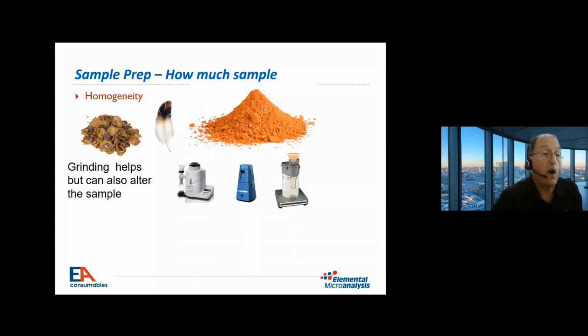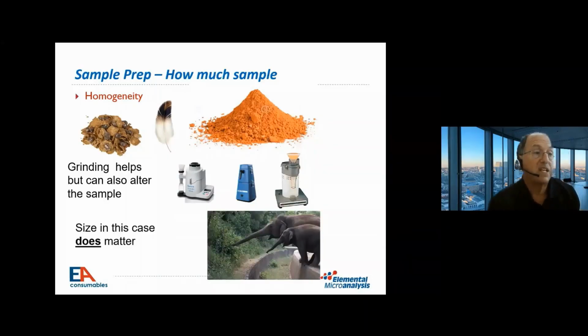You can use grinders to help homogenize the samples, but this can also affect the concentration at times. So grinding will create heat, and some of the analyte can be lost prior to getting it into your analyzer itself. So in the case of homogeneity, size does matter at times, because the larger sample size you can take, the more you can overcome its inherent inhomogeneity.